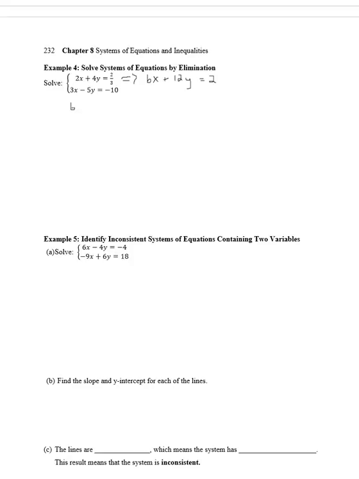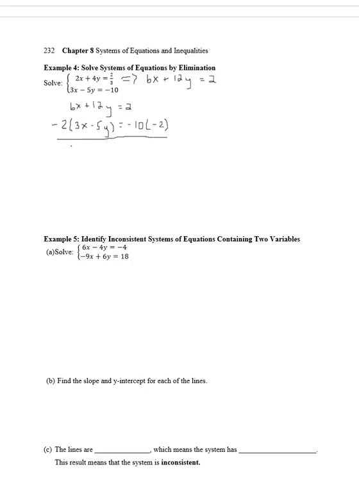So we have 6x plus 12y equals 2. And we're going to multiply the second equation by a negative 2, because remember we need the negative of what we have in the first equation. And of course we can't forget to multiply the other side by negative 2.